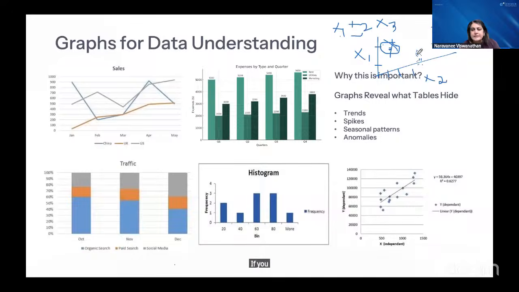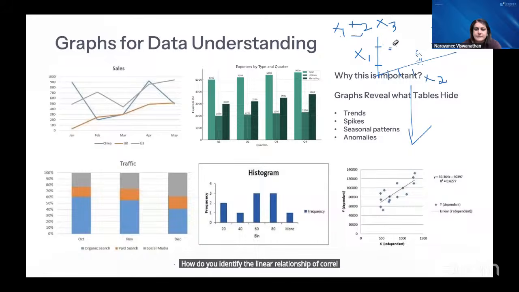If you find that there is a linear relationship, what is a linear relationship? How do you identify the linear relationship of correlation, guys? What does a linear relationship look like for correlation? Tell me.